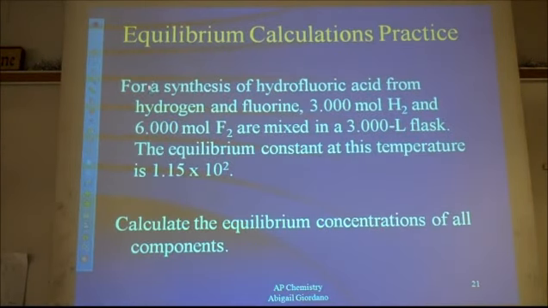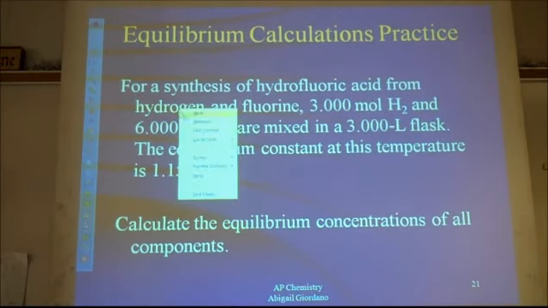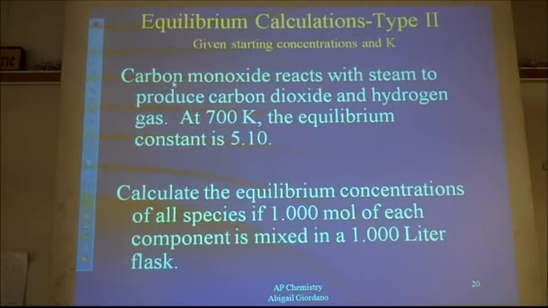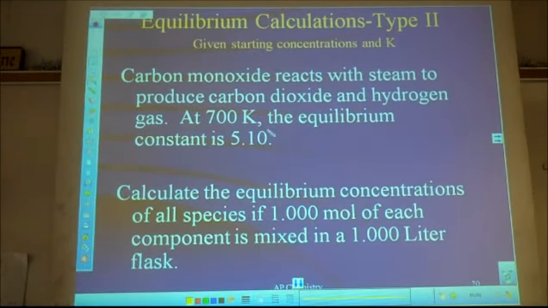So the question says, let me go back, sorry. The question says, carbon monoxide reacts with steam to produce carbon dioxide and hydrogen gas. At 700 Kelvin, the equilibrium constant is 5.10.